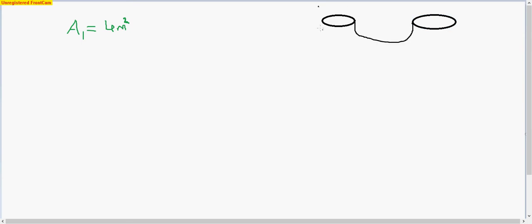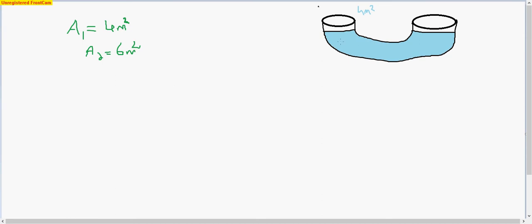So we have fluid over here, and unlike last time, this time let it be water. So the area of this is 4 meter square, and let area 2 be 6 meter square.